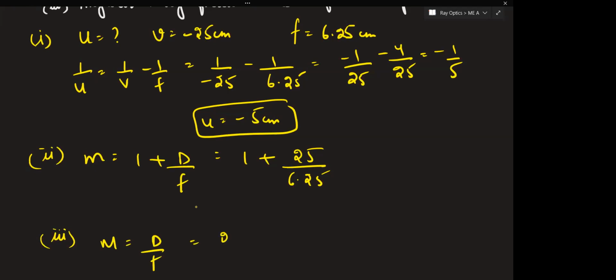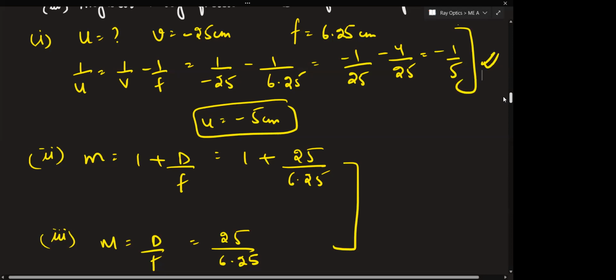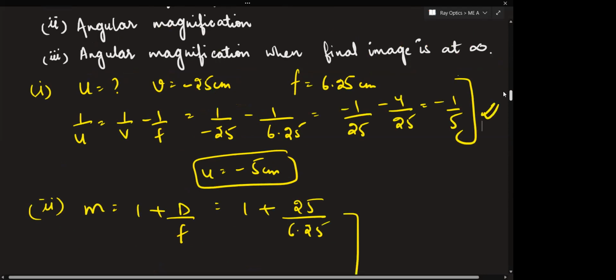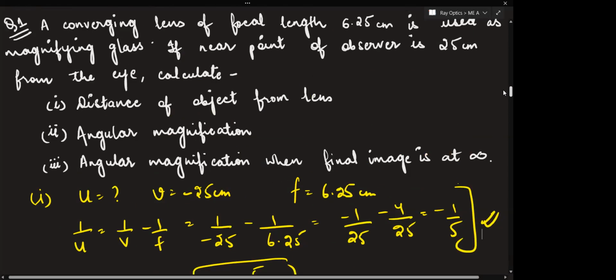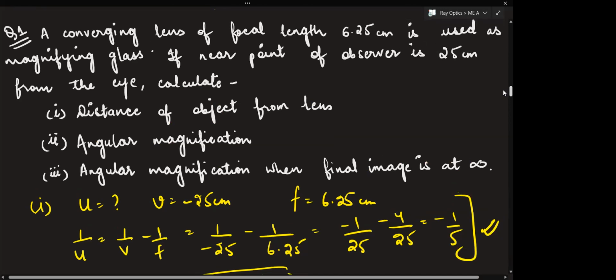So 25 by 6.25. No need to use sign convention in these, but sign convention has to be used in the lens formula. Note it down, then we'll start with compound microscope. Class, please remember, for the rest of the things you have to use the sign convention. Just for the magnification of optical instruments, you can omit it. You don't have to use it.